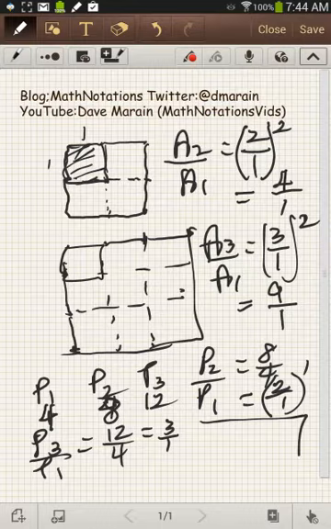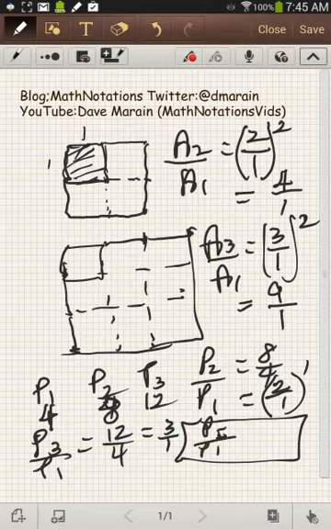So this demonstrates that the perimeters are in the relationship according to the side. So perimeter of figure 1 to the perimeter of figure 2 is side 1 to side 2 for squares, which are similar figures.